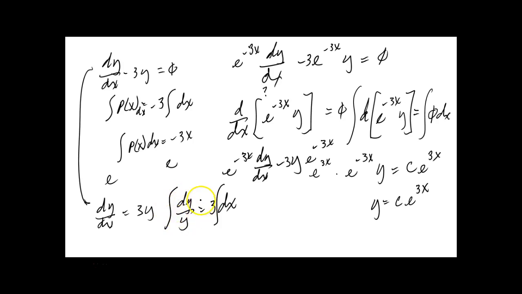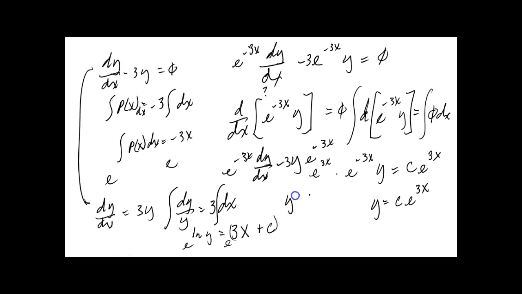The antiderivative of dy over y, natural log of y, is equal to 3x, and you could put in a plus c if you wanted to, right? Okay? Now, what do you think we could do with that? Do an e of both sides.